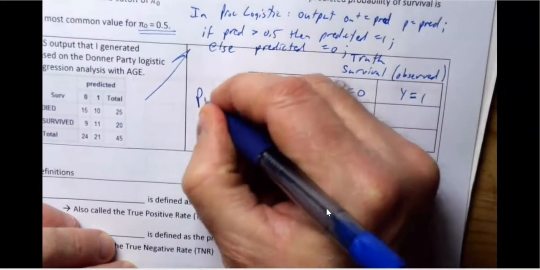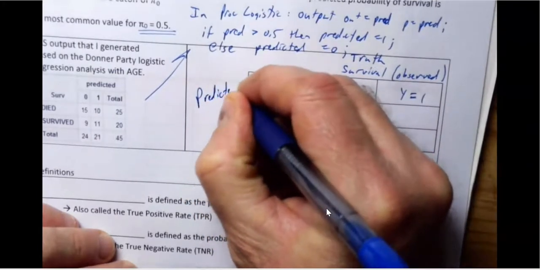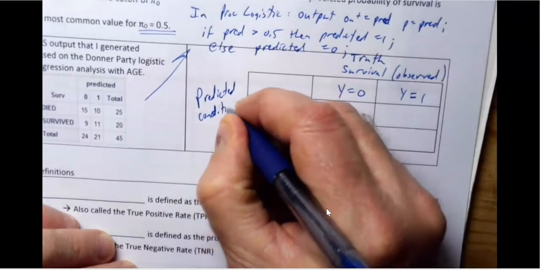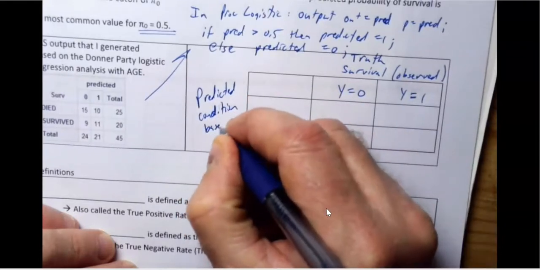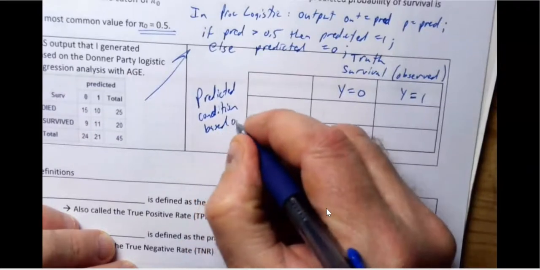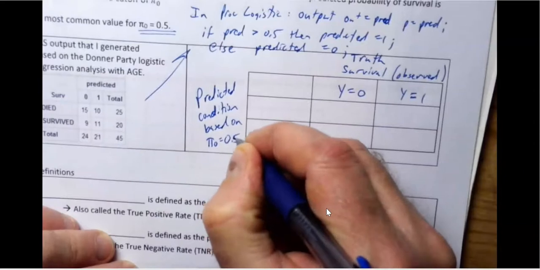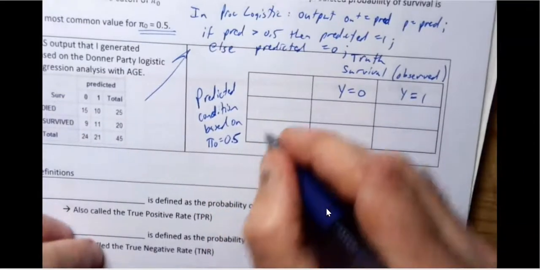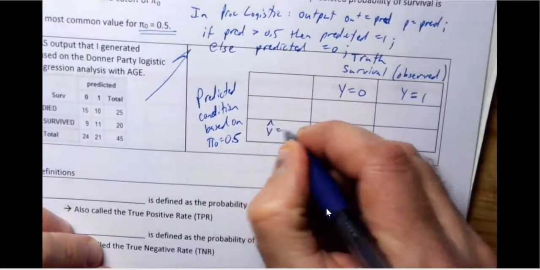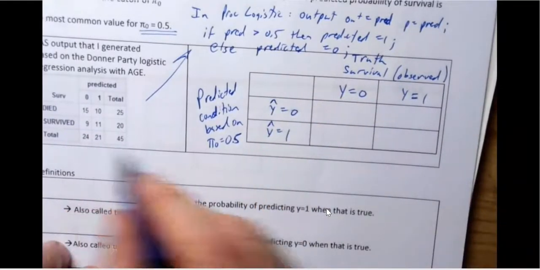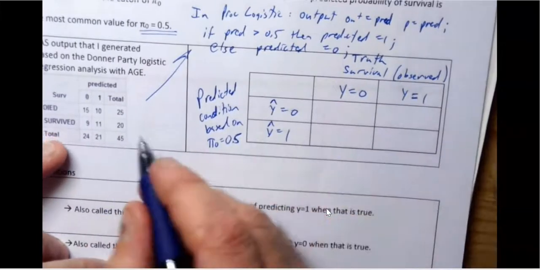And then, over here, I want to do the predicted condition. And this is based on, I'm predicting it based on pi 0 equals 0.5, which basically means if their predicted probability is greater than 0.5, we're going to predict y hat equals 1. If it's less than 0.5, we're going to predict y hat equals 0. And then I'm just going to move these values over here.